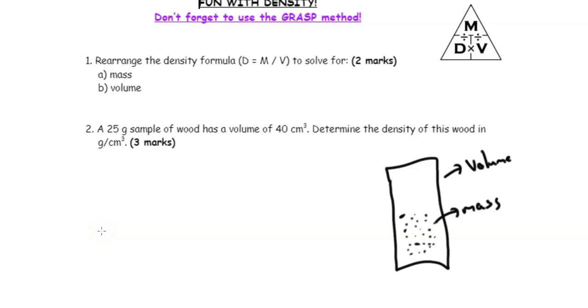But if I then put in a certain amount of water and put it on a scale to see how heavy it is, that's telling you its mass. Well, how heavy it is is force, but we'll get to that when we get to grade 11 physics. But the amount of stuff is mass, and how much space it takes up is volume.